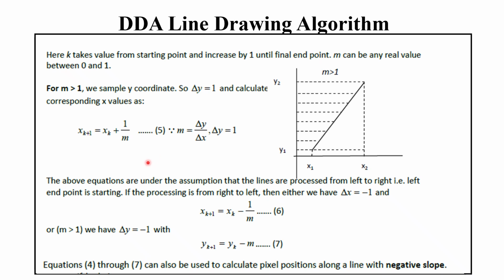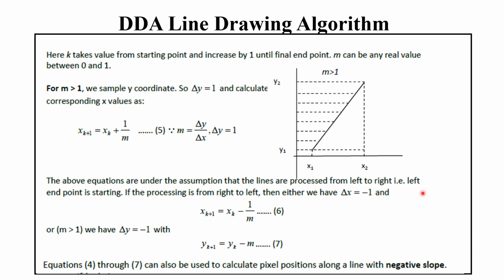So in the previous case we have seen when m is less than or equal to 1, x was incremented by 1 and we will find the corresponding value of y. Now when m is greater than 1, y is incremented by 1 always, and we will be finding the corresponding values of x.